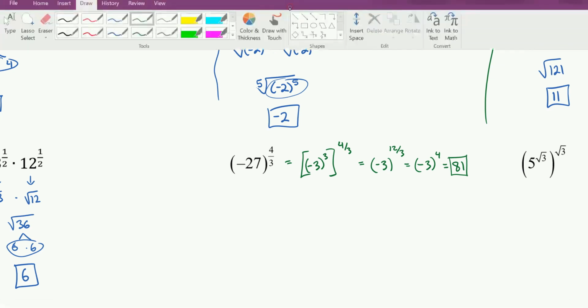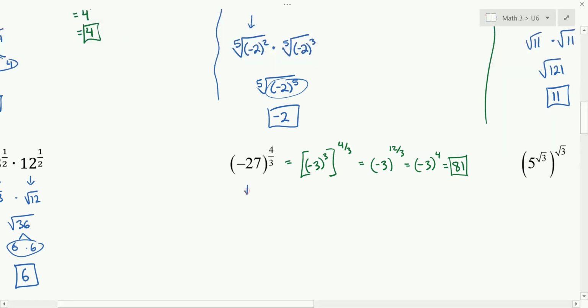Another way to go about this: sometimes it's hard to come up with that first step, to see that negative 27 is negative 3 to the 3rd, until you're used to doing this. So another way is to rewrite this as a root. This is the cube root of negative 27 to the 4th power. As written here, this is going to be tough because I don't want to take the 4th power of negative 27 first and then take the cube root of that.